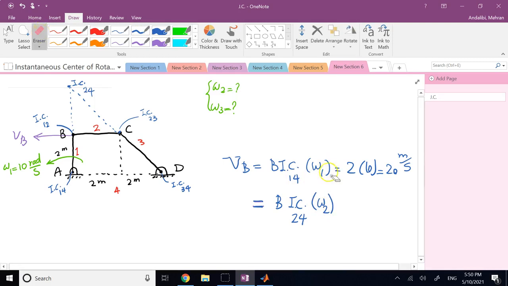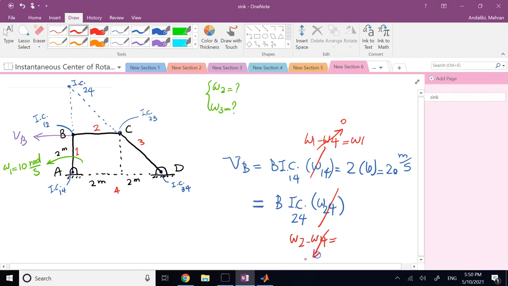Okay, so if you want, I can say this is omega 1, 4, and I can say this is omega 2, 4. But this is omega 1 minus omega 4. And remember, omega 4 is 0, so it's the same as omega 1. The same thing here. This is omega 2 minus omega 4.